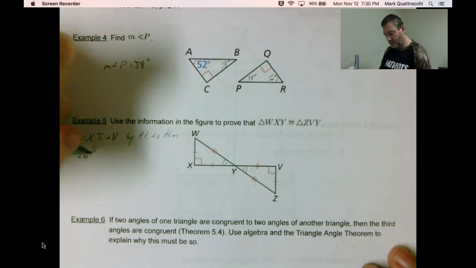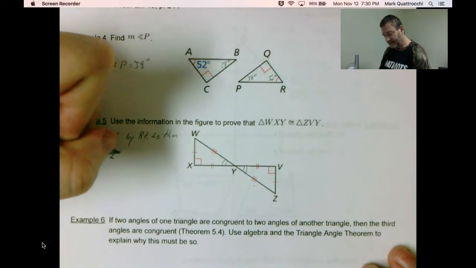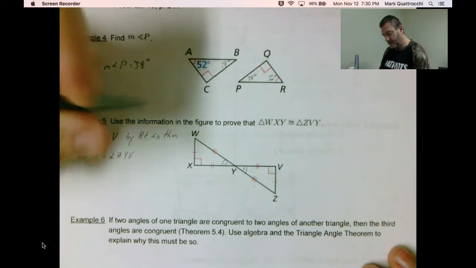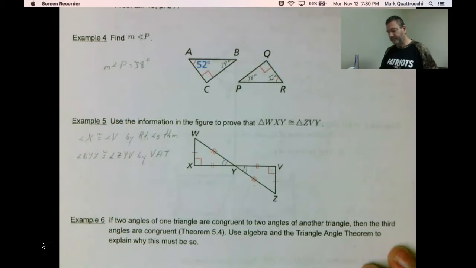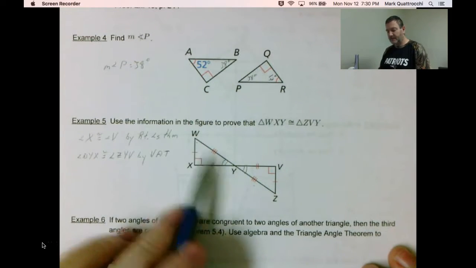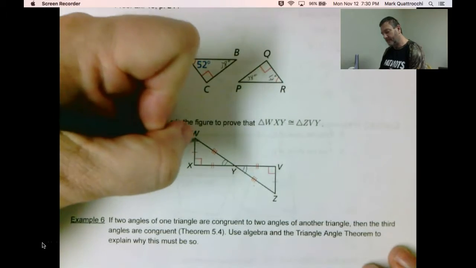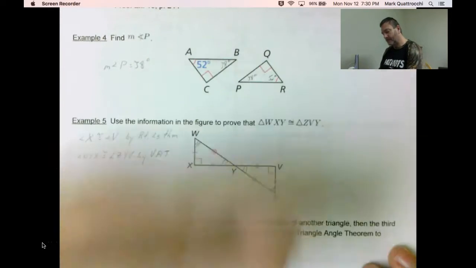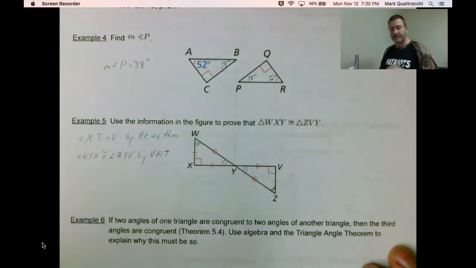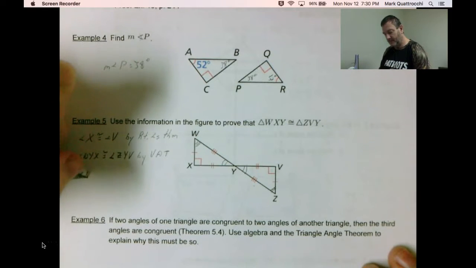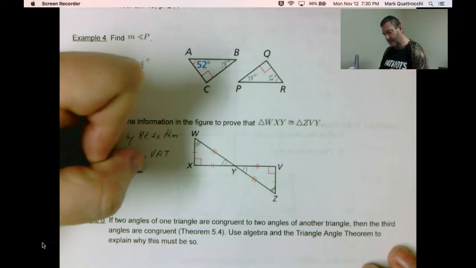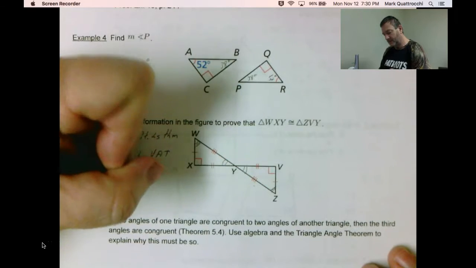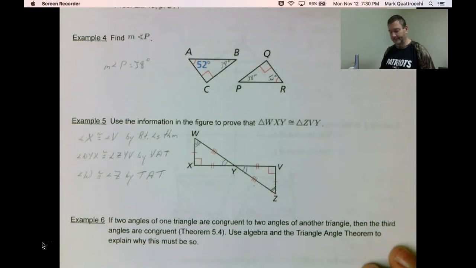Angle WYX congruent to angle ZYV by vertical angles theorem, which leaves us angle W and angle Z must be congruent by the third angles theorem. Angle W congruent to angle Z by third angles theorem, TAT.